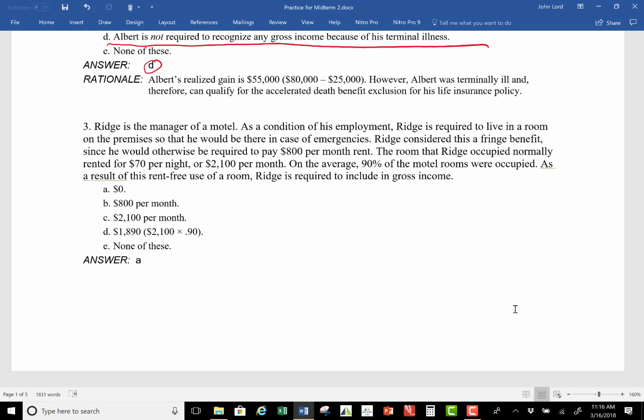So since it's no additional cost, he's there really as a convenience to the employer, right? And if that's the case, then he does not have to include any of that in his income because he's there as a convenience for the employer.